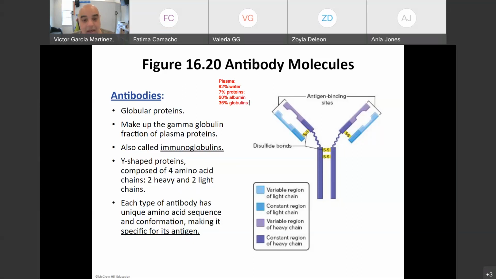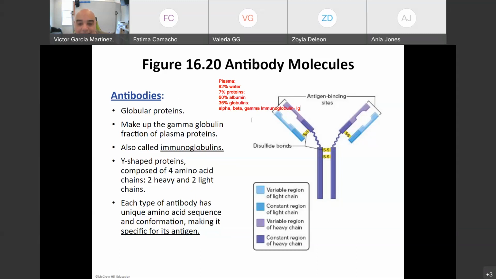And among these globulins, we have alpha and beta globulins, and these two are for transporting lipids, and we have gamma globulins. These gamma globulins are the antibodies. They are called immunoglobulins, or for short, Ig.